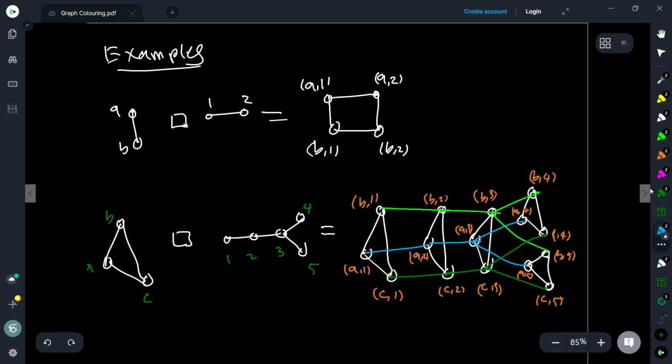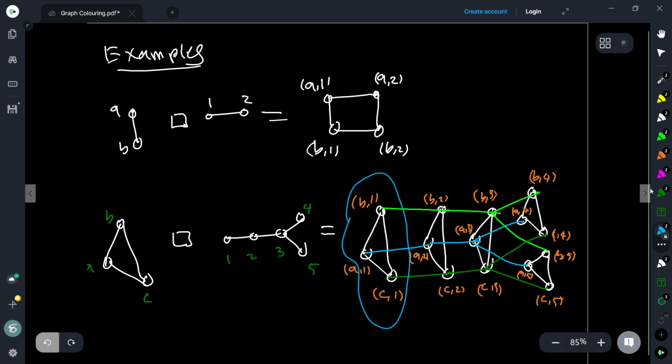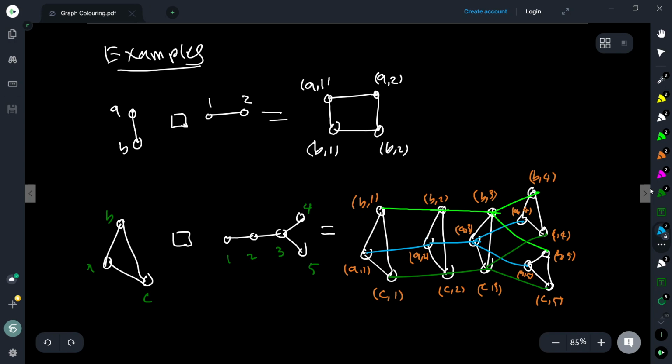Somehow it's not working. Anyway, you can see this copy corresponds to the vertex 1, then you have the next copy corresponding to the vertex 2, etc. So you basically replace every vertex of H with a copy of G.